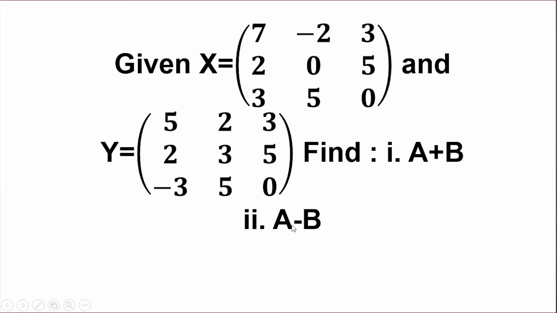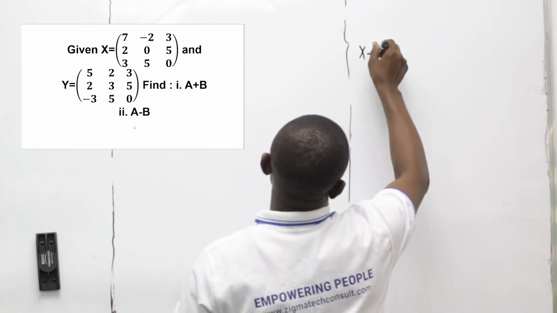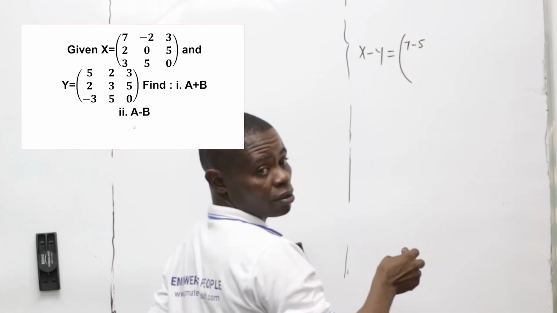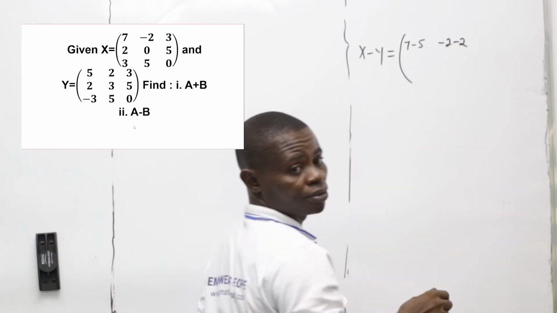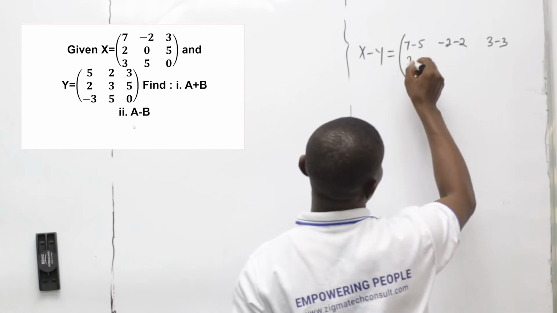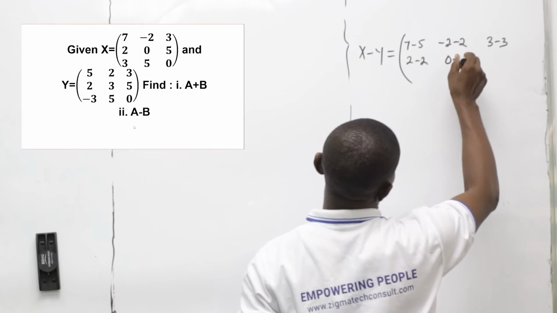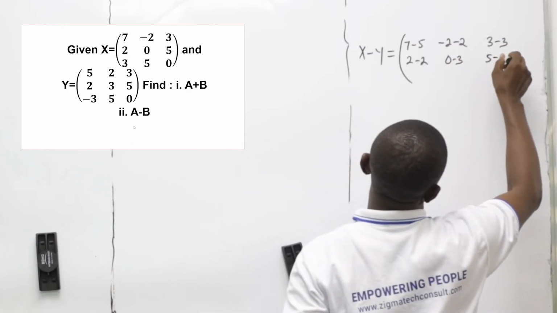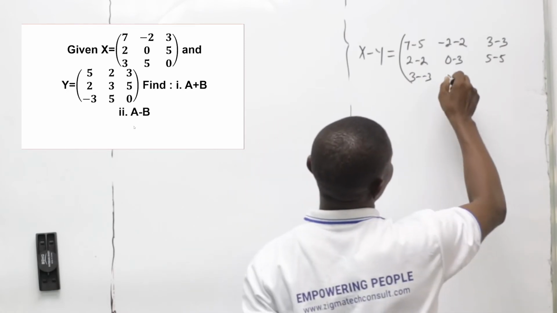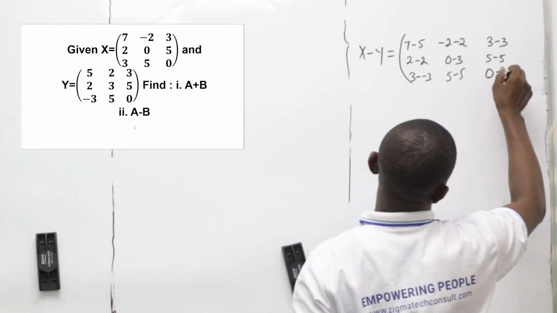Assuming that A is our X and B is our Y, it means we are looking for X minus Y, which is A minus B. So X minus Y equals 7 minus 5, minus 2 minus 2, 3 minus 3, 2 minus 2, 0 minus 3, 5 minus 5, 3 minus minus 3, 5 minus 5, 0 minus 0.